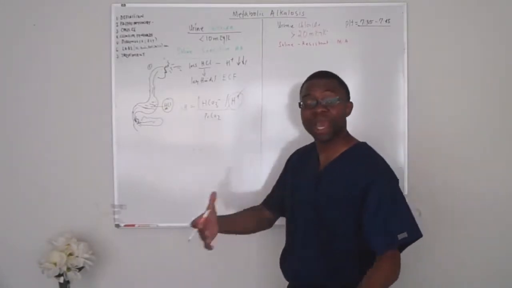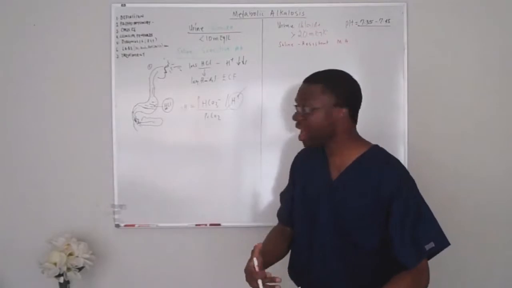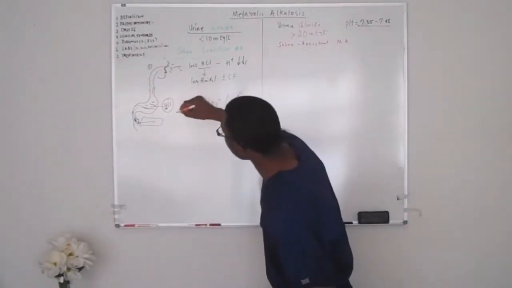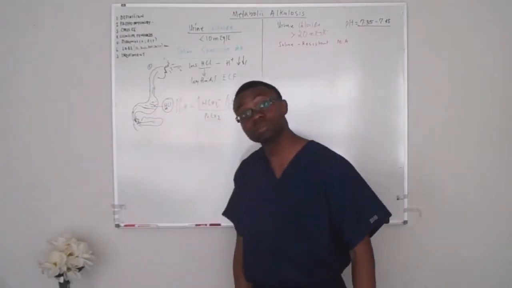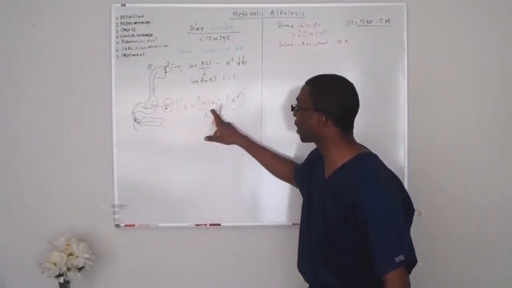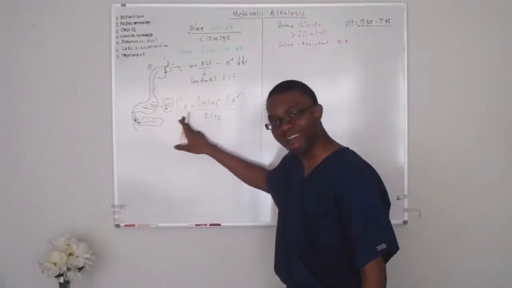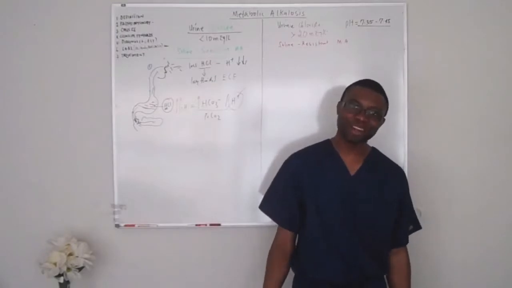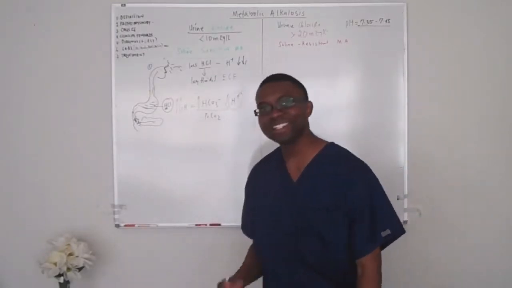So we retain them and they stay in the plasma. Automatically, if the bicarb starts to go up, what will happen to your pH? pH goes up. So we develop metabolic alkalosis. But do you think that is really the end of the story? No! No!